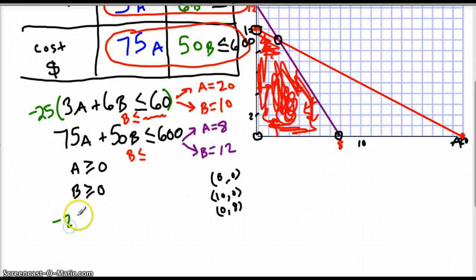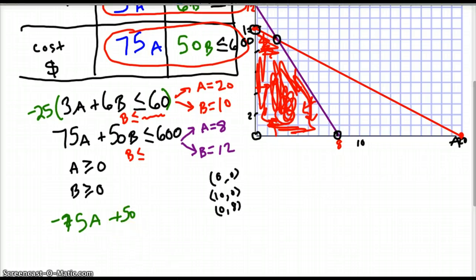We would have negative 75A minus 150B, less than or equal to negative 1500.